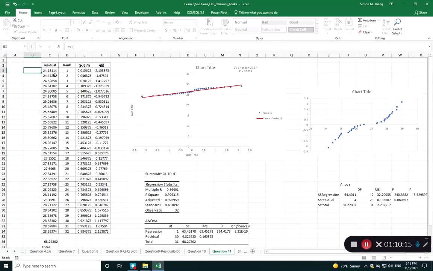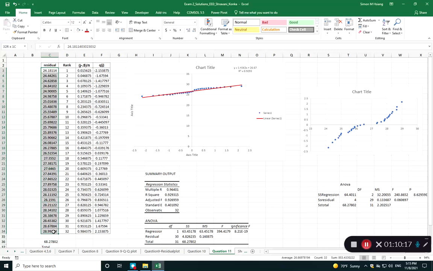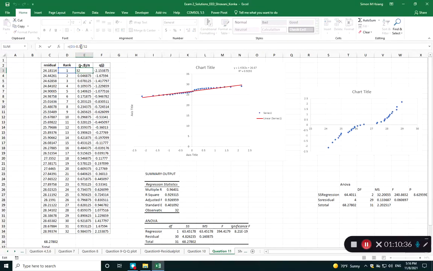And once you generate the residual, next thing is what? Bubble sort them from the smallest to the largest. And once you bubble sort them, totally how many of them? 32 of them, right? And then you put the rank down from the smallest to the highest, 32. Then you treat them as a barcode, so every rank minus a half, divided by the total 32.